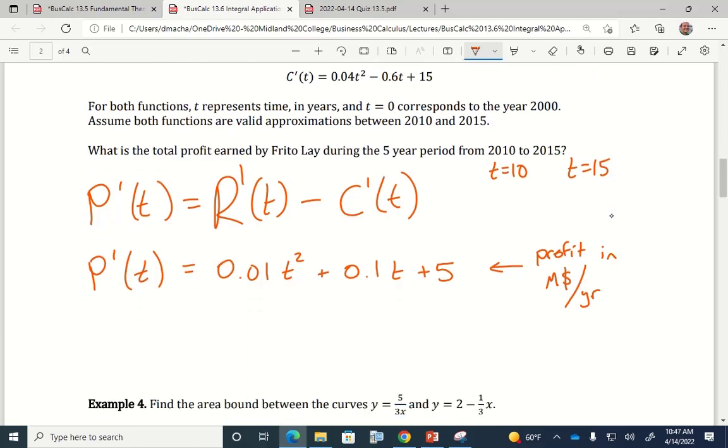And I want to know what's the total profit made between t equals 10 and t equals 15. To sum up the total profit earned according to this rate function, we're going to take the definite integral from lower bound 10 to upper bound 15.